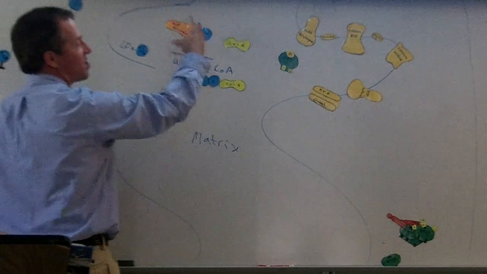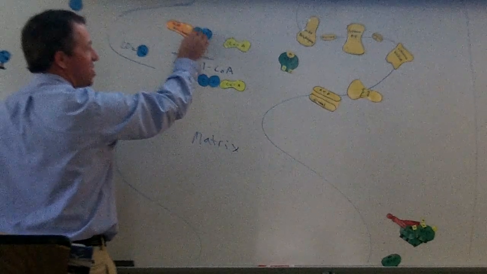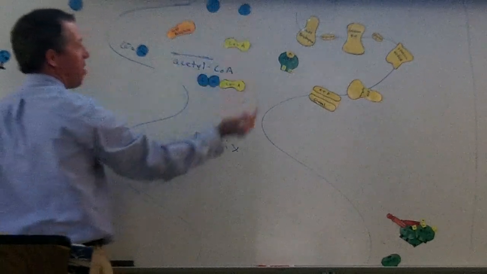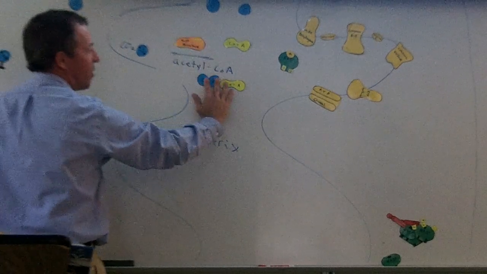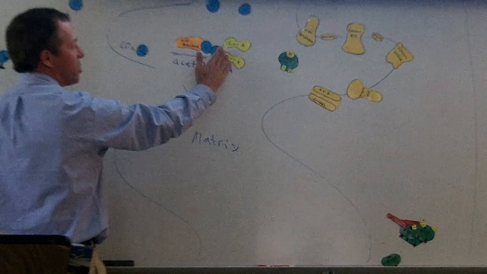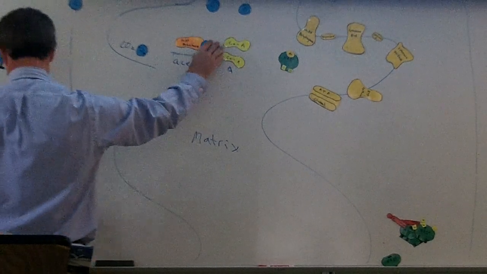But the citric acid is eventually completely broken down, and you're left with that first molecule, so another acetyl-CoA can attach and eventually be completely broken down.